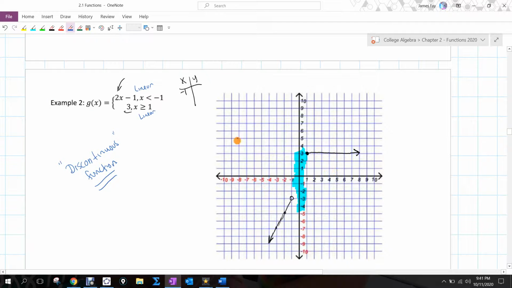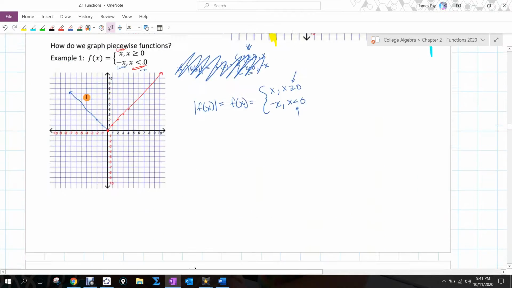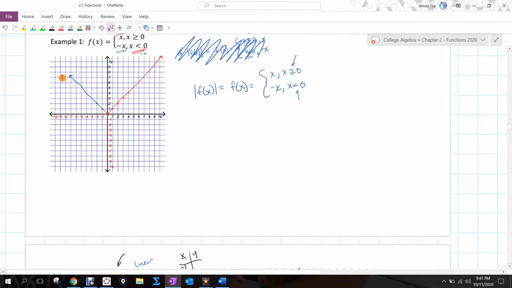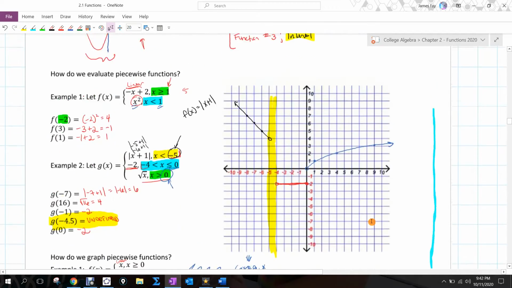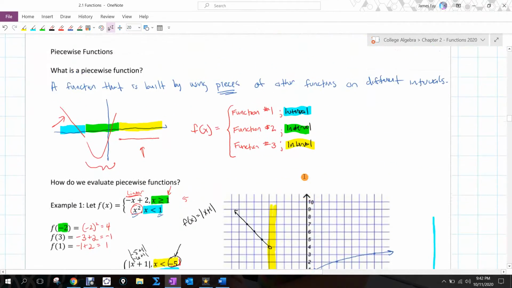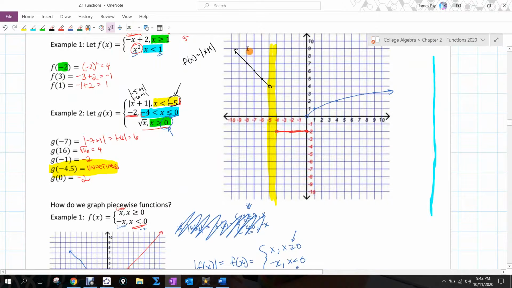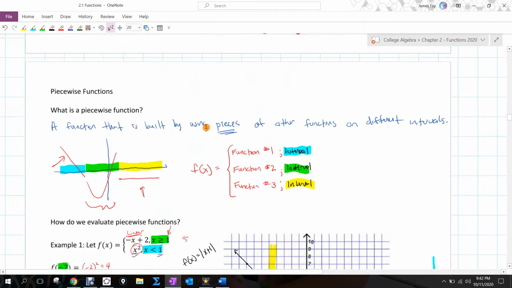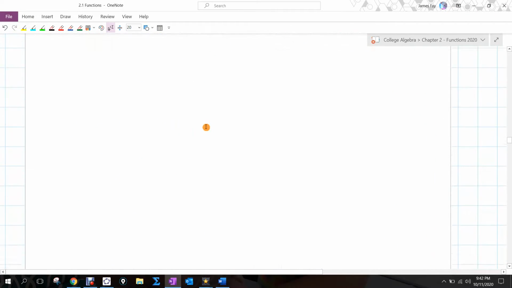Continuous means I can graph the whole thing without lifting my pencil. Think about this: can you graph this entire absolute value without lifting your pencil? And you can, so that would be continuous. This one, you have to lift your pencil to graph this black one, lift my pencil to come down here and get this red one, lift my pencil to come up and get this blue one. So that is discontinuous. Still a function, but discontinuous.